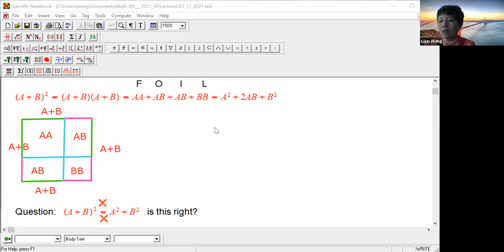Okay. With that said and done, what's the use of it? What is the use of it? The algebraic aspect of this is very, very useful. Okay, so what we learn here is how to FOIL and what the geometric meanings are.